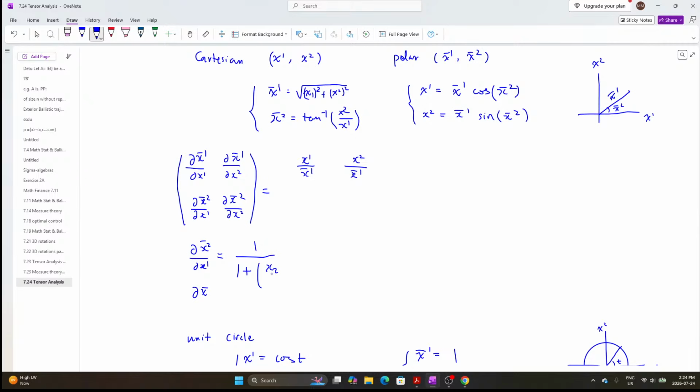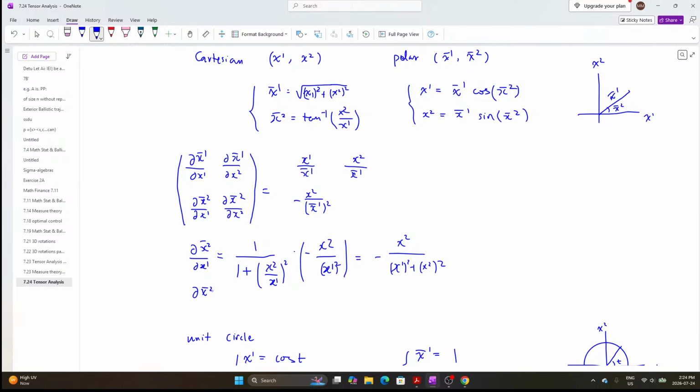x^2 over x^1. x^1 quantity times minus x^2 over x^1 squared. Okay? So that's a minus sign, x^2 over x^1 quantity squared. All right, so that's minus x^2 over x bar^1 quantity squared.